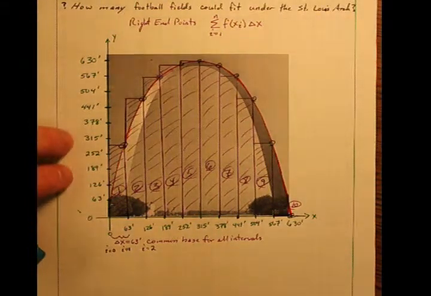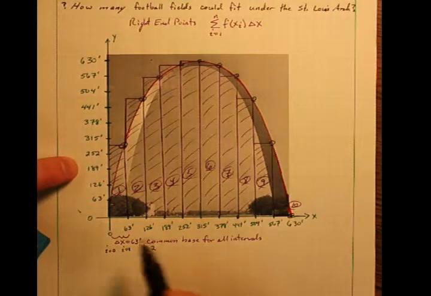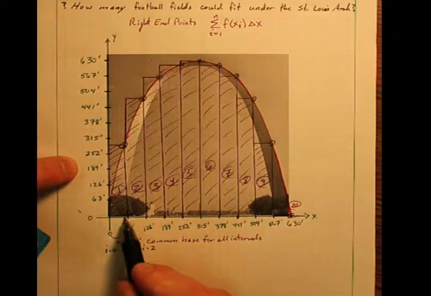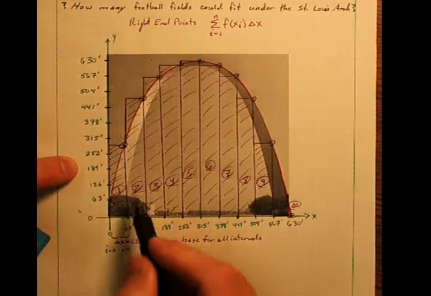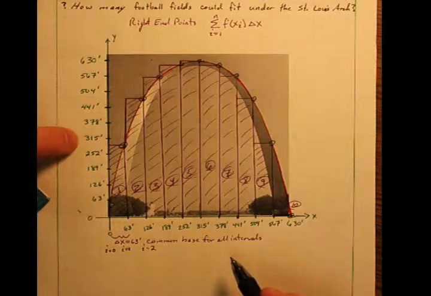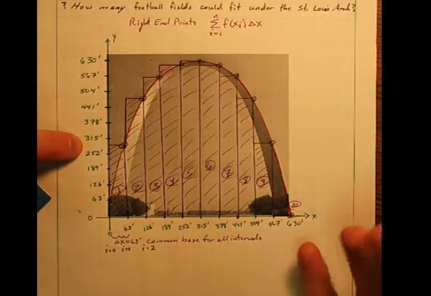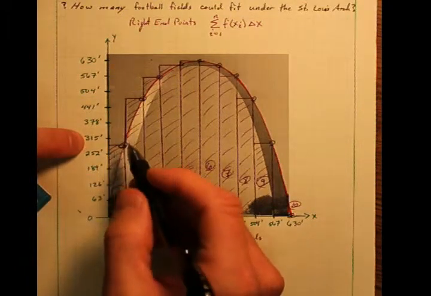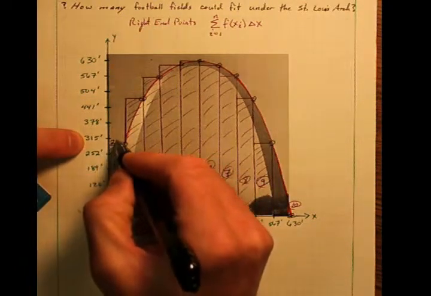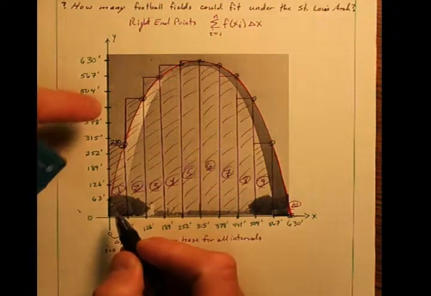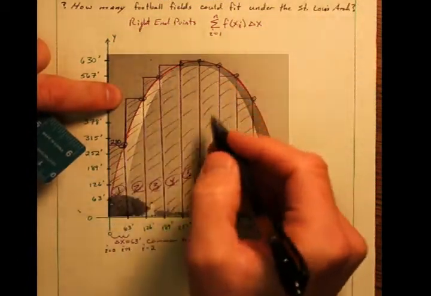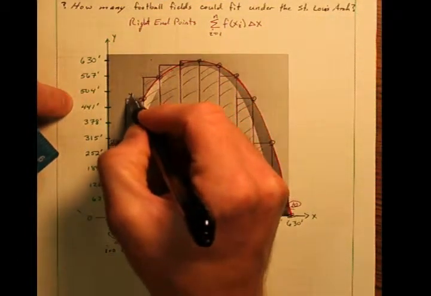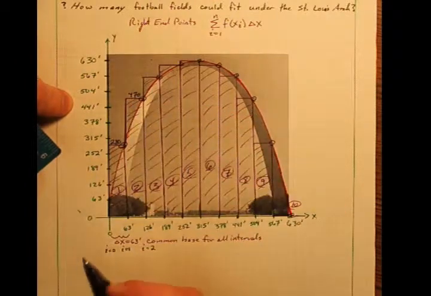The next thing I have to do is figure out how high these are. I know each base is 63 feet. Now I have to figure out the heights. Just estimating based off this picture, this first height is about 280. This next height is about 470.